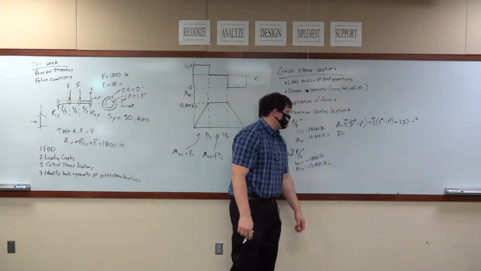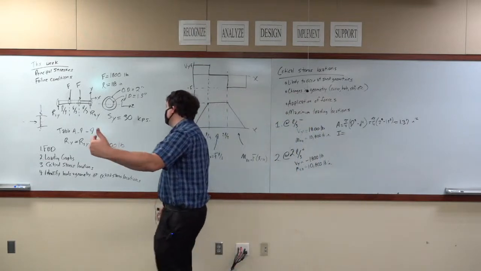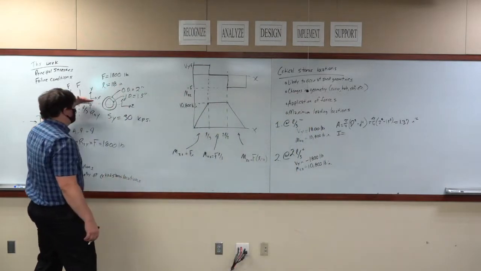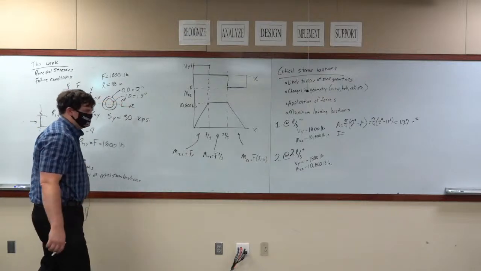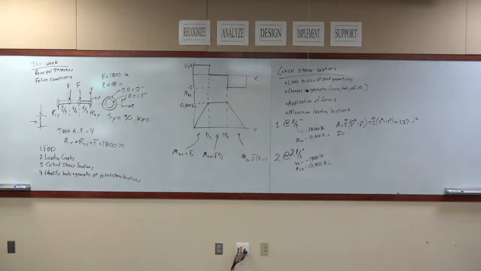All right, the I value for this. This is going to be the I value for bending in the Z direction across this axis. I will go to my table in the back of the book because it lists a bunch of I values.